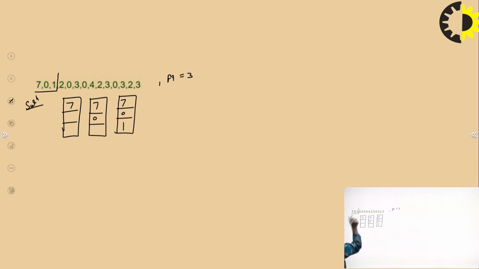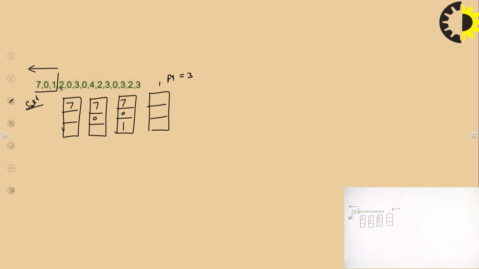Now the 2 comes. Your page frame is already filled. Now the tricky part comes, that is least recently used. When you are going to insert this 2, which one is going to be replaced? The least recently used. You look in the backward direction.